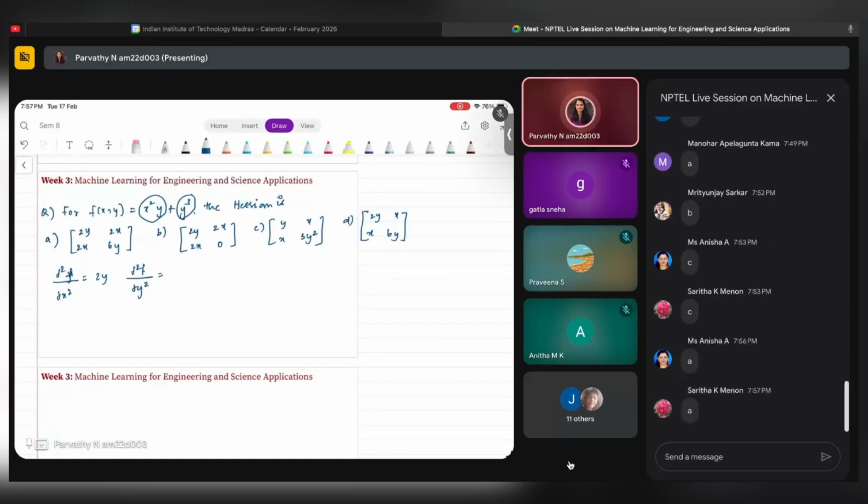And when I take dou square f by dou y square on x square plus 3y square, I get 6y. Then dou f by dou x is 2xy, so dou square f by dou y dou x is equal to 2x. So the answer is A.